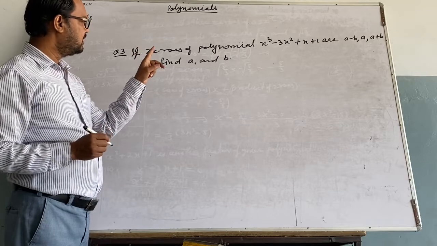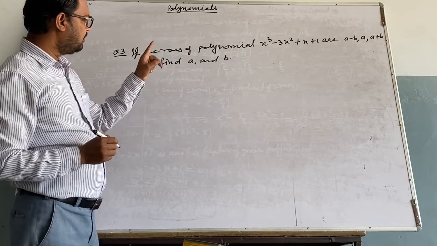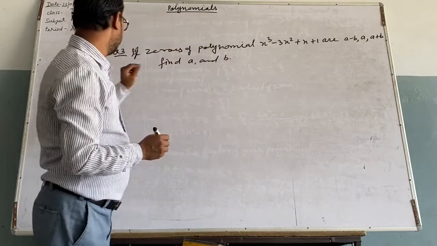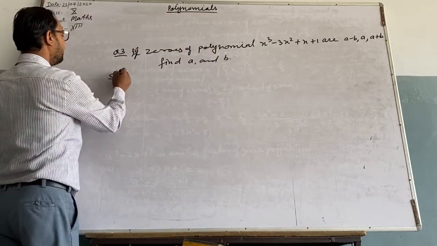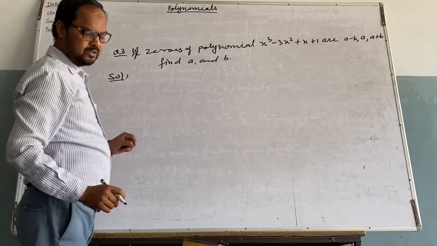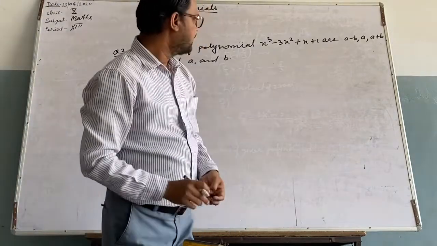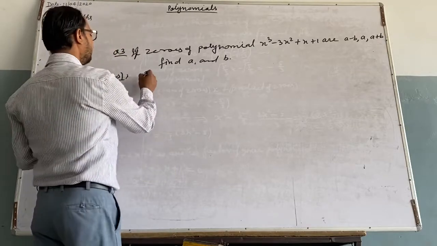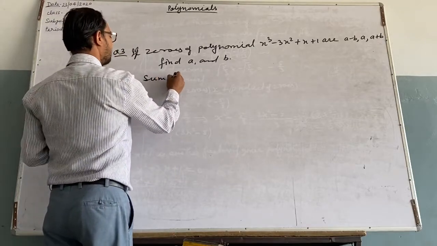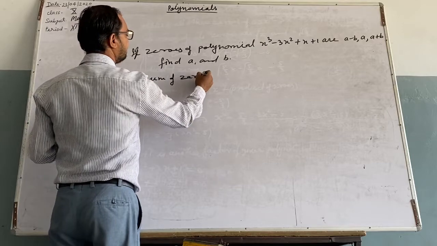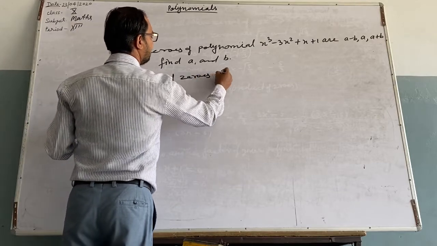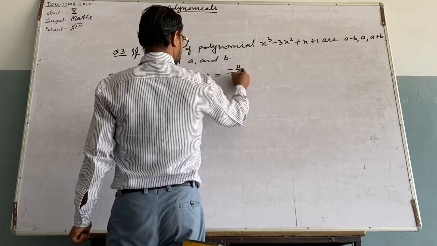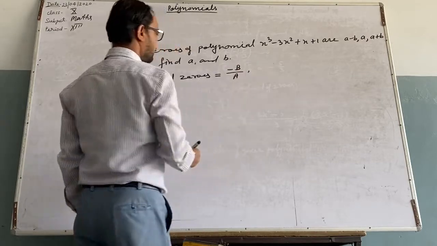As you know that it is a cubic polynomial, or the degree of the polynomial is 3. So we have to use the formula for a cubic polynomial. As we know, sum of zeros equal to minus b upon a, right?